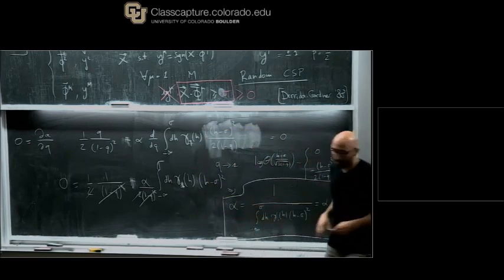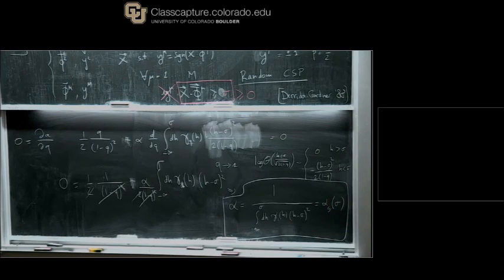Okay, so I think, at least I hope, I met this goal. This one should be done. We computed the SAT-UNSAT transition line of the perceptron.